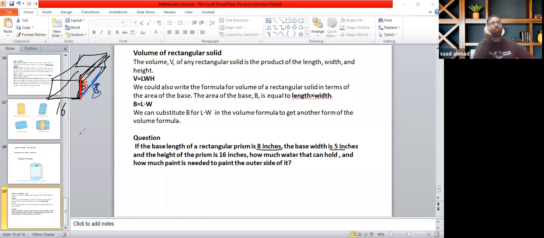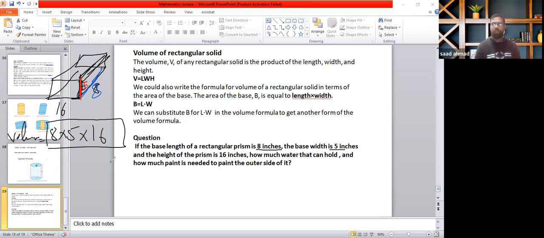We want to find the volume for this thing because we want to see how much water it can hold. Water takes space to be in it, so the volume needs to be found. So the volume is 8 times 5 times 16.